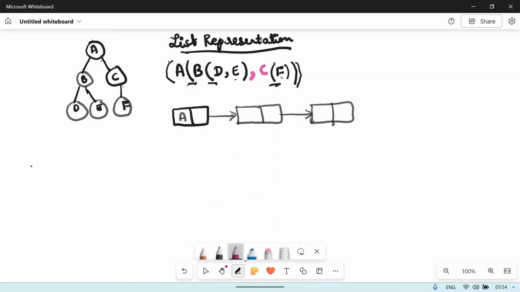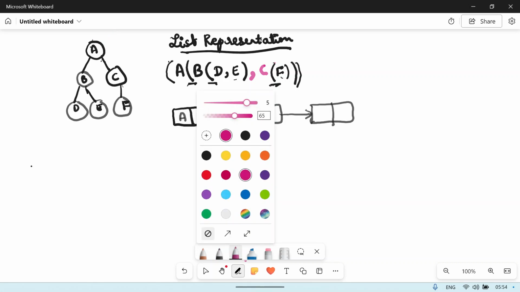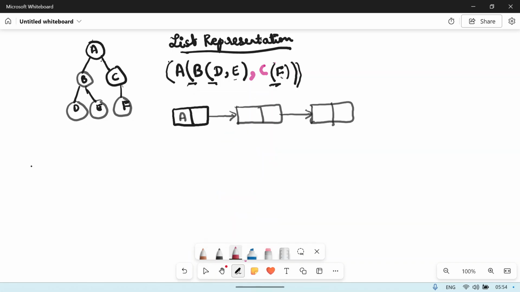Okay, this is how the tree looks like. Now, what you have to do is, see, A is done. Now check B. Is B having any child nodes? Yes. If it is having child nodes, you shouldn't write B over here. So B is having child nodes, so I will not write it.